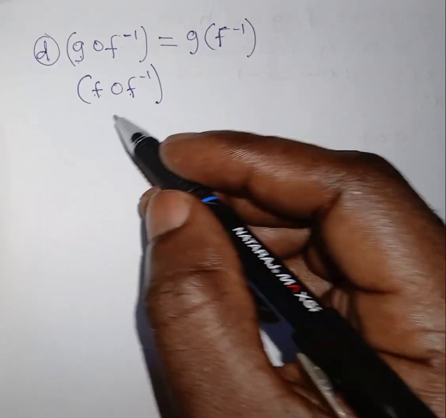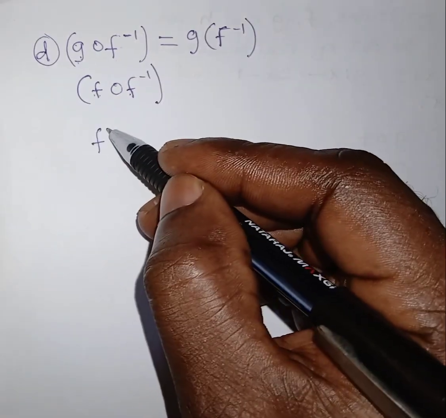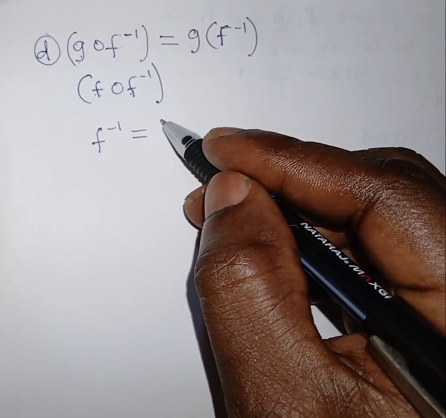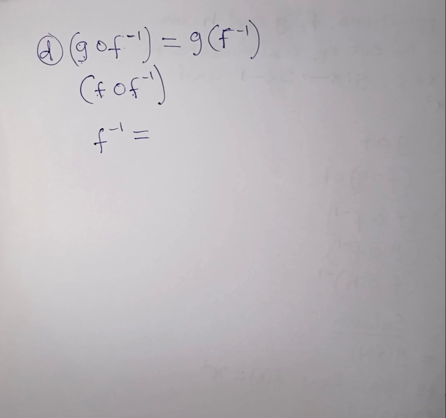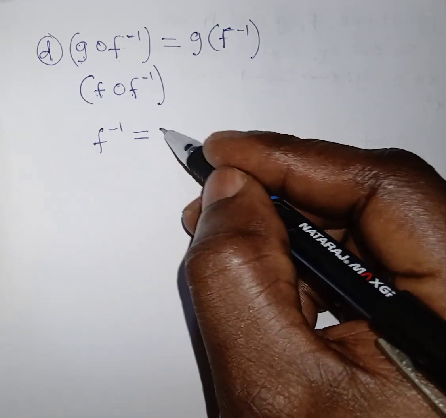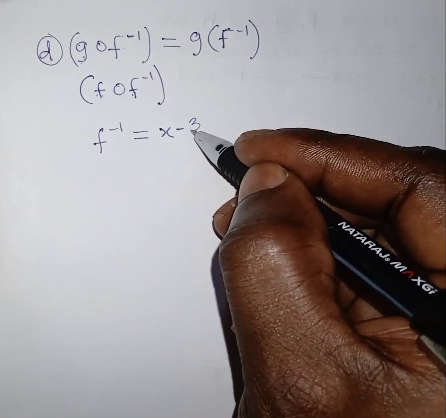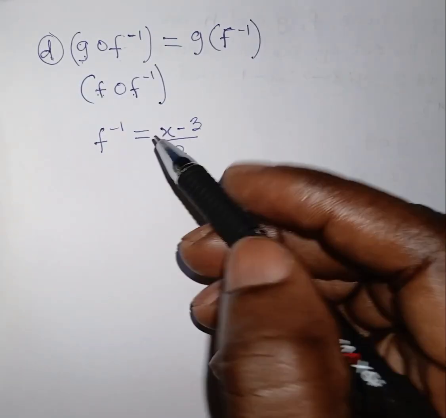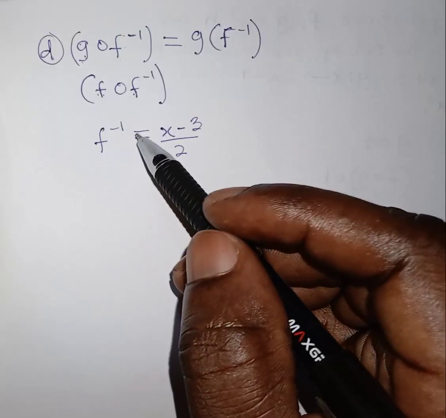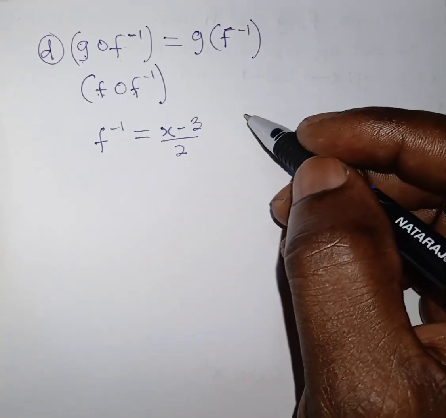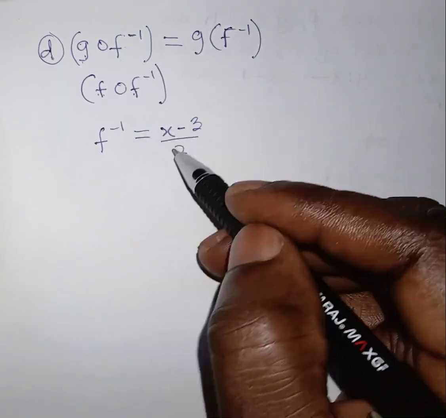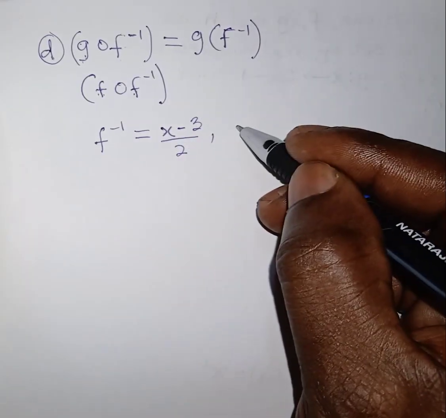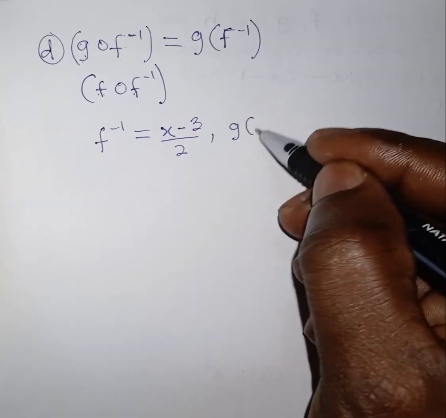From the C part, we already calculated f inverse, where we said it is x minus 3 all divided by 2. Okay, that is what we got for f inverse. So what we are doing is we are only going to substitute this into g. And what did we get for g at x?